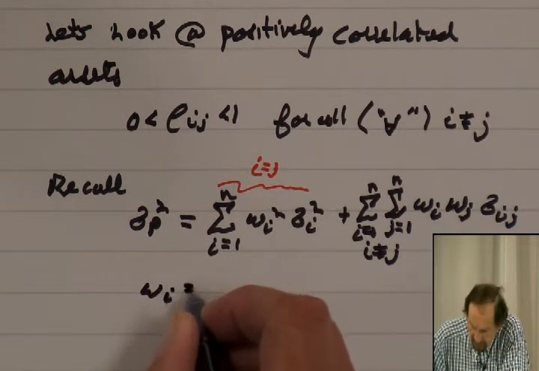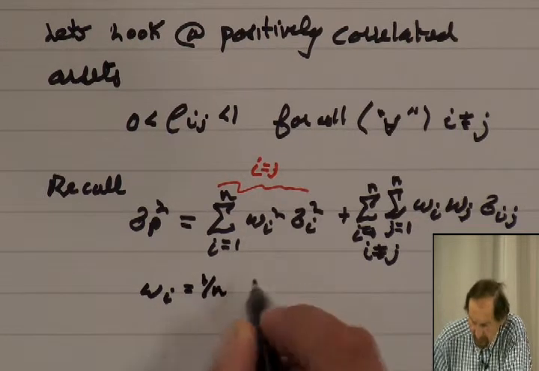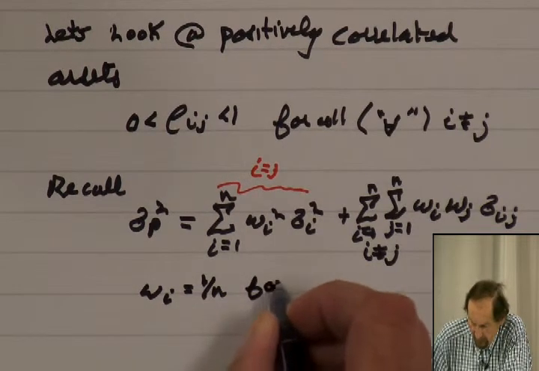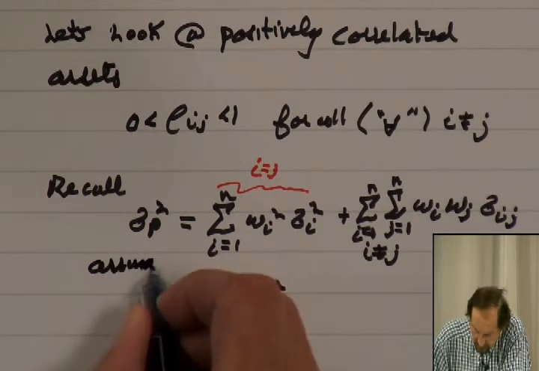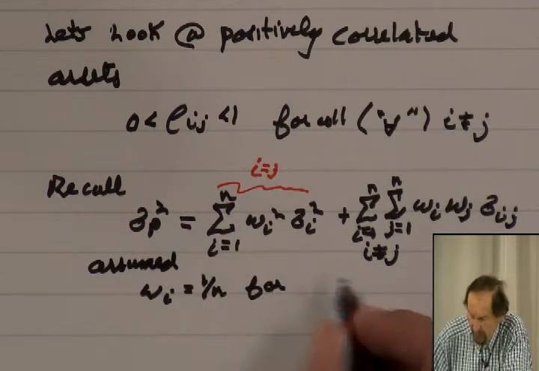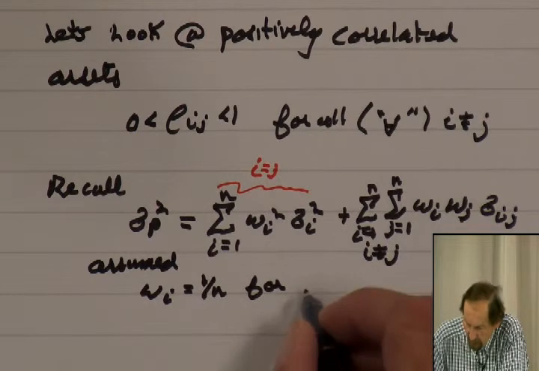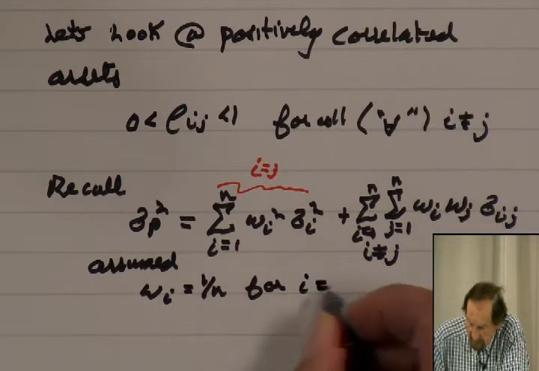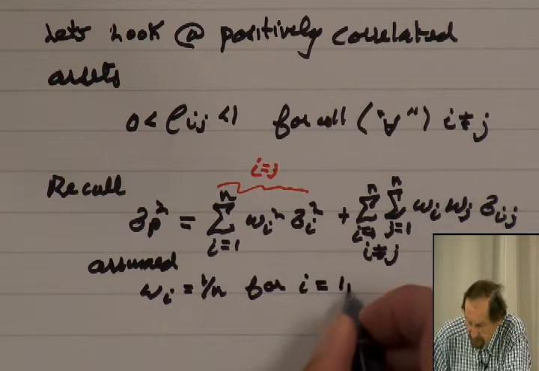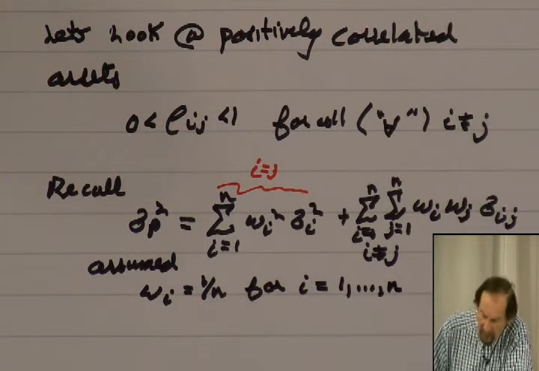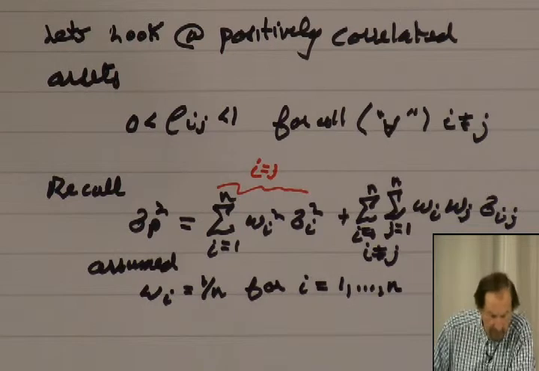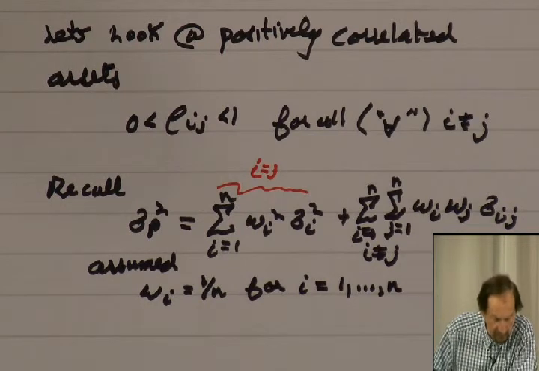We assumed, for simplicity, that wi equals 1 over n for each of the n assets. So we have an equal amount of our budget in each of the assets.